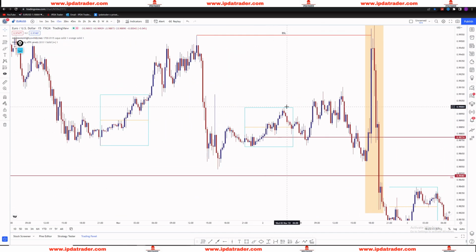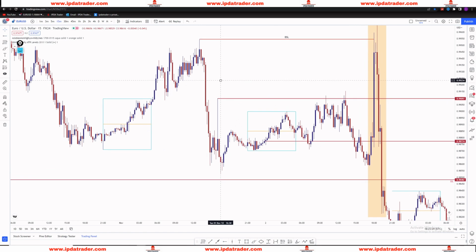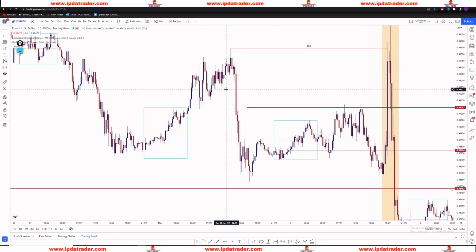We expand further up on the Asian range, drop down right at London Open, 8 a.m. We grab the Asian high. What else do we do? We clear buy side liquidity. Okay, this is something that you have to be keeping in mind always.